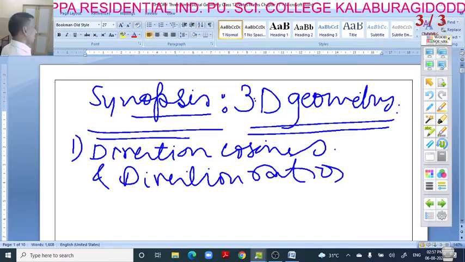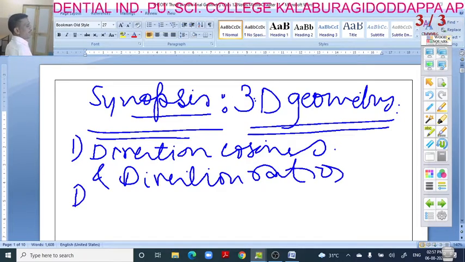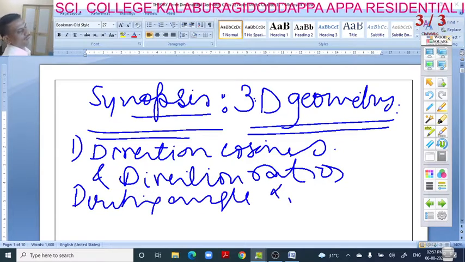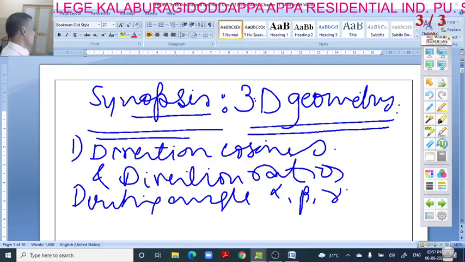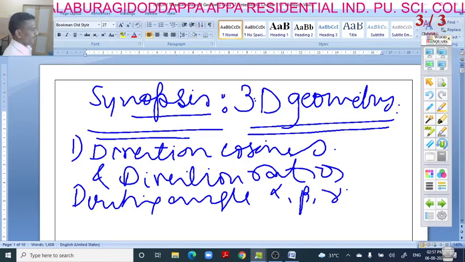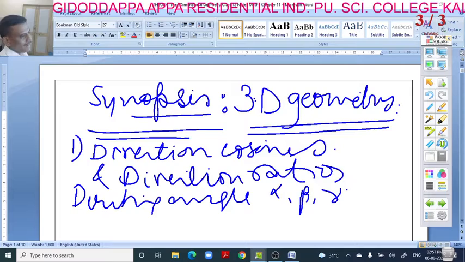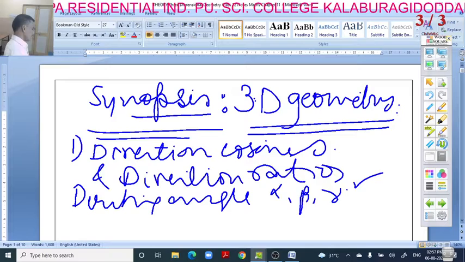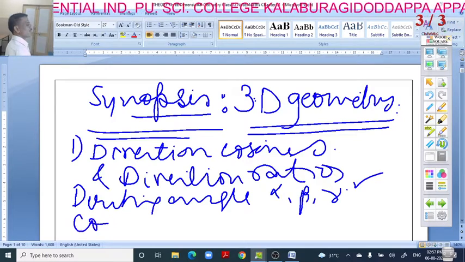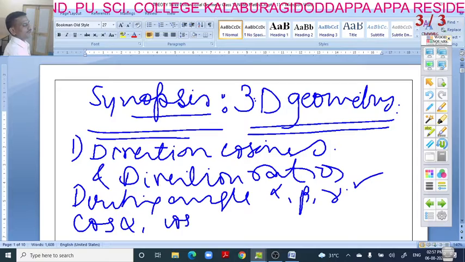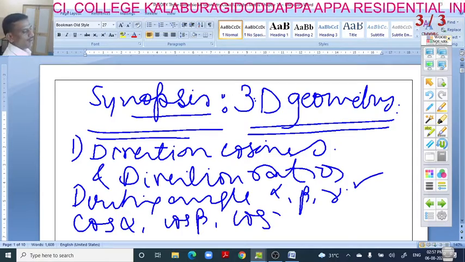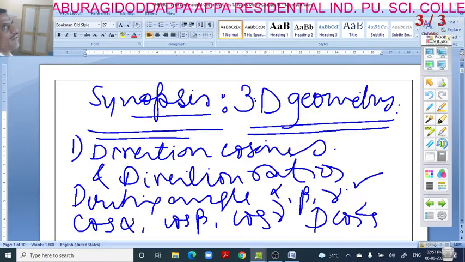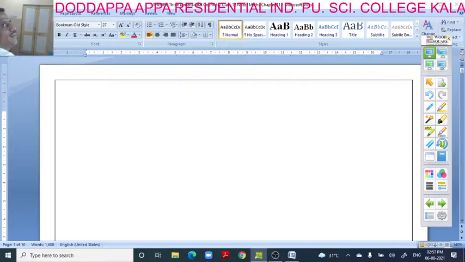If you have direction angles alpha, beta, gamma, that is, if a straight line makes angles alpha, beta, gamma with the three-dimensional axes, then cos alpha, cos beta, cos gamma are called the direction cosines of the line.